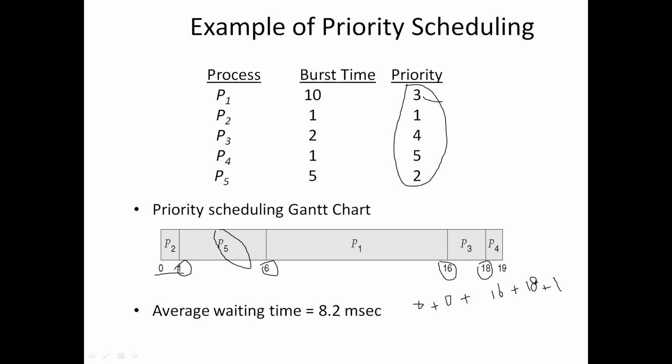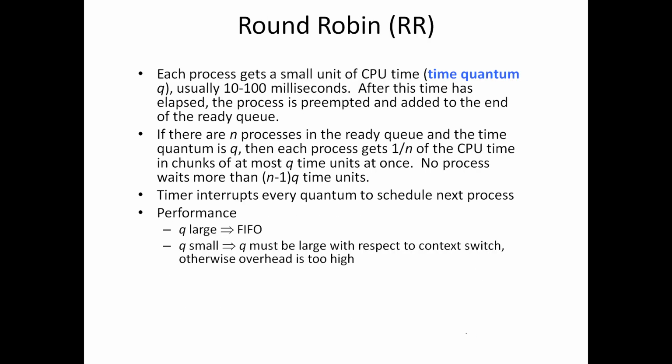Now when we add these up, 6, 22, 40, 41. So 41 divided by 5 equals 8.2 milliseconds. So this is how we calculate the average waiting time for the priority scheduling algorithm.